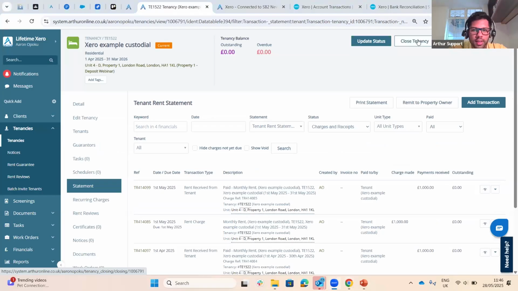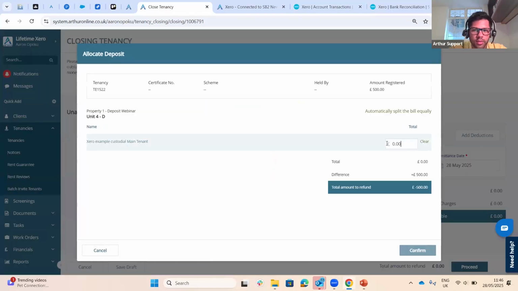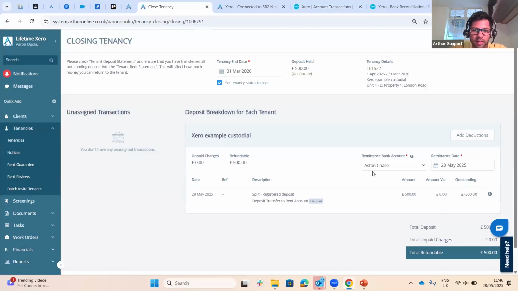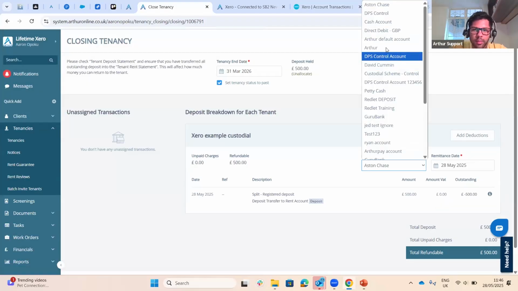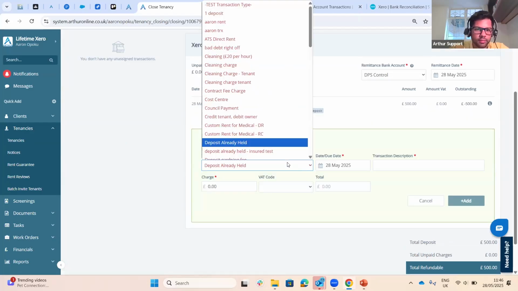So let's just close the tenancy. Let's just do this one. £500. We've gone through this process. And because this money is being paid from the DPS, we change this to DPS control, that one. And then let's just say there's a deduction here of £100.